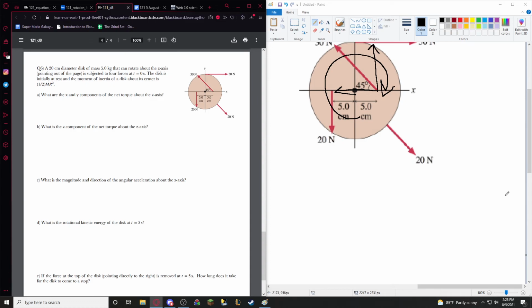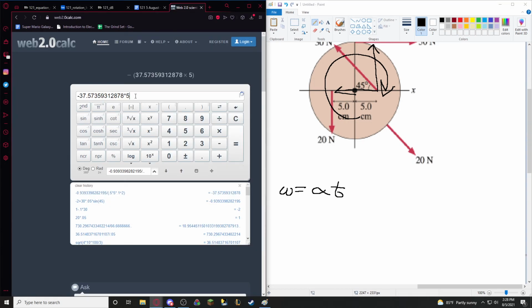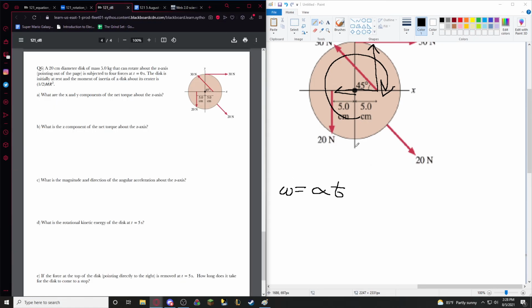Omega equals the initial plus the acceleration times the time, so we would just cancel out the initial omega because it begins at rest. Mm-hmm. And we would multiply our acceleration times our time. Yep. Omega is equal to alpha t. It's 5, so we get an angular velocity of about 188 radians per second clockwise.